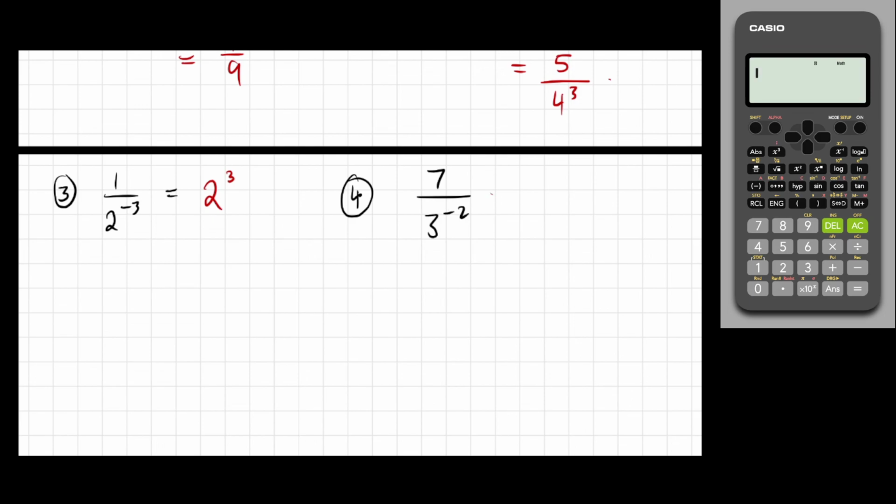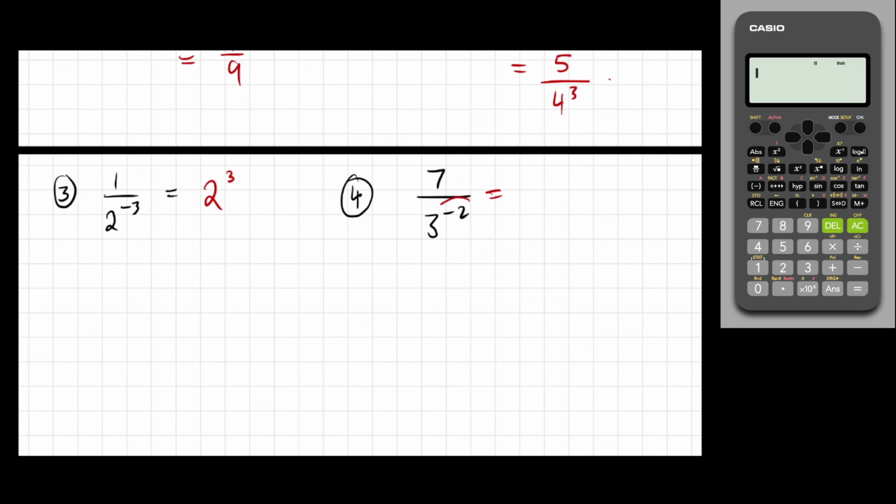Okay. So solving one like this is probably the trickiest one that we've got. I think this is the easiest way to solve these ones. Whichever number has a negative index, we're going to move it so that it's on the opposite side of where it started.